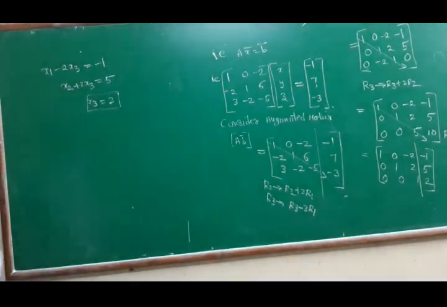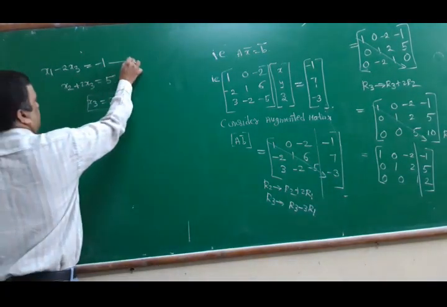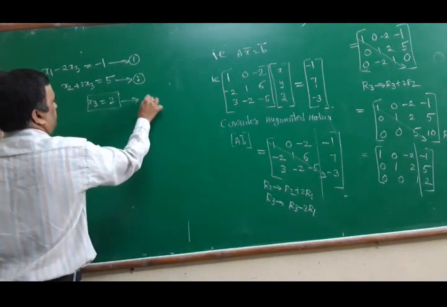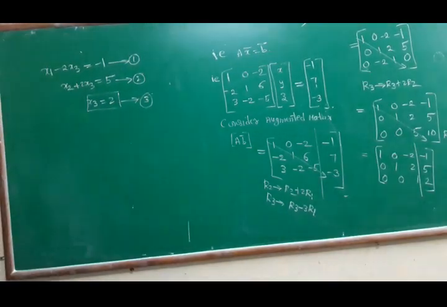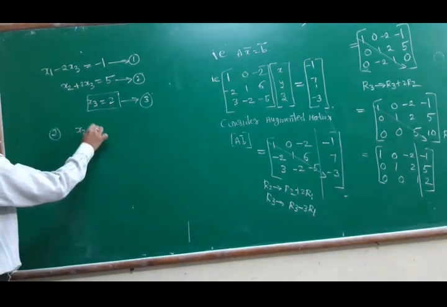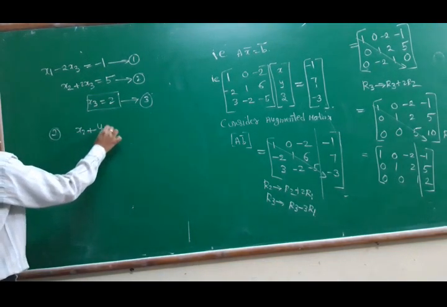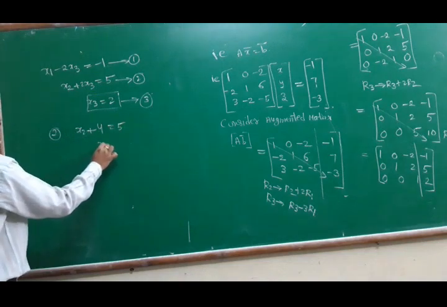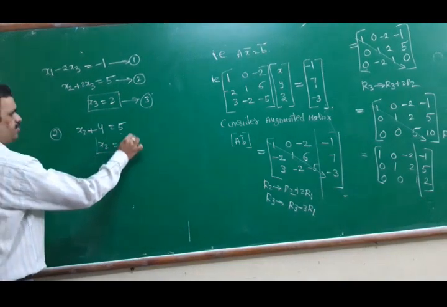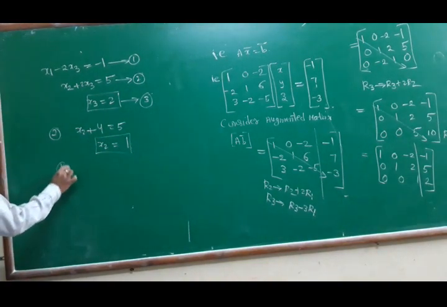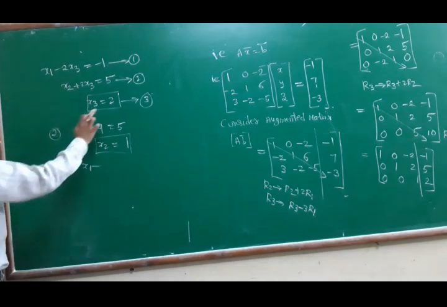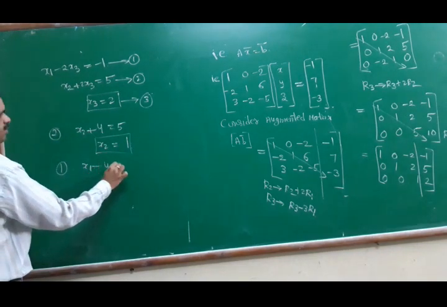I got x3 value 2. Now equation 2: x2 plus 2 x3, 2 times 2 is 4, equal to 5. So x2 is equal to 5 minus 4, which is 1. And equation 1: x1 minus 2 x3, 2 times 2 is 4, equal to minus 1.